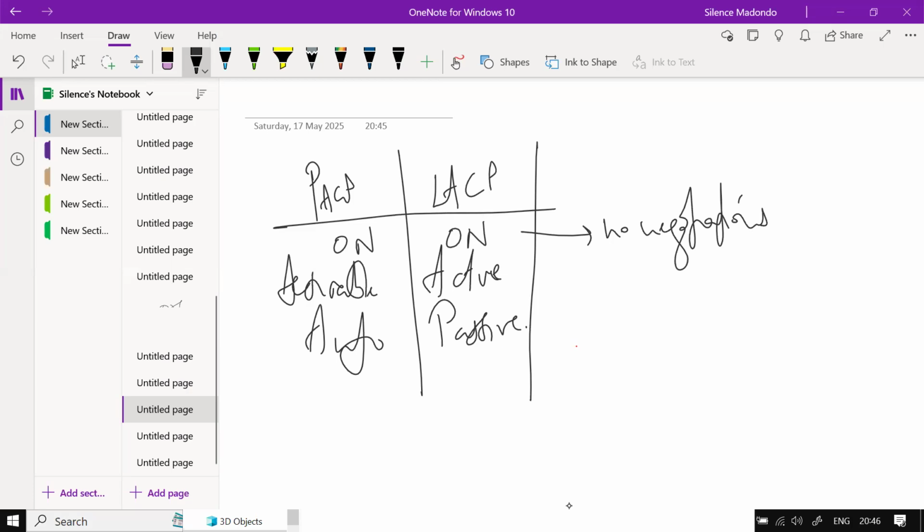We are manually setting up EtherChannel, so there is no negotiation there. Funny enough, it says on and there is no negotiation. Then with active, negotiations are happening and also packets are being sent.